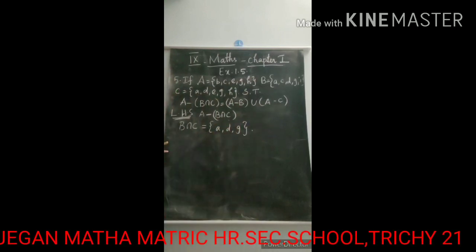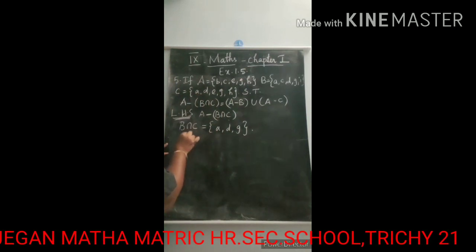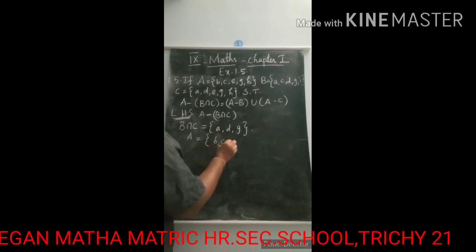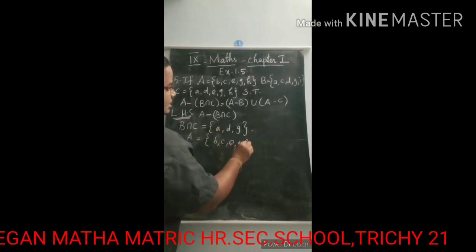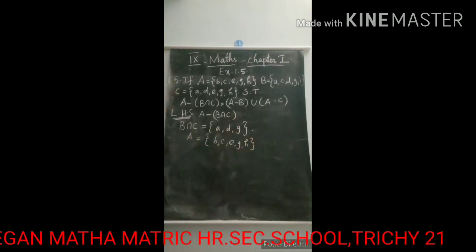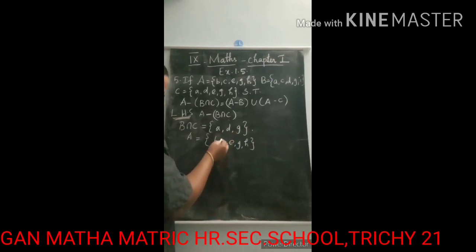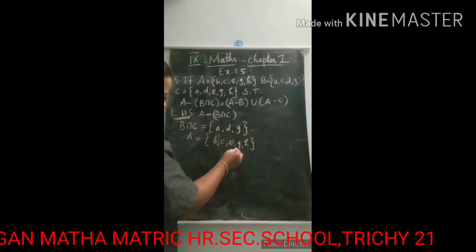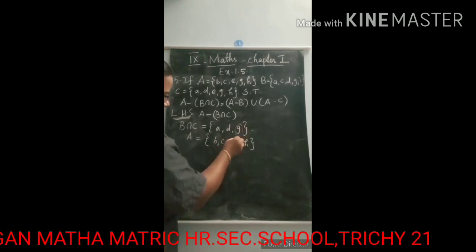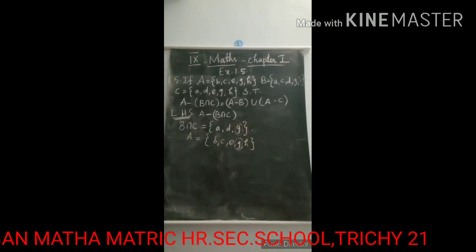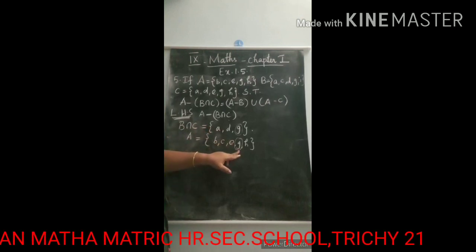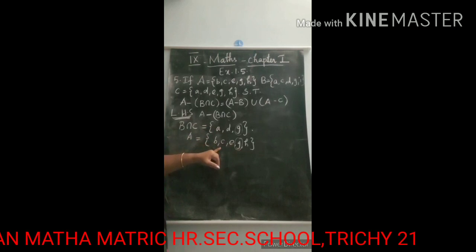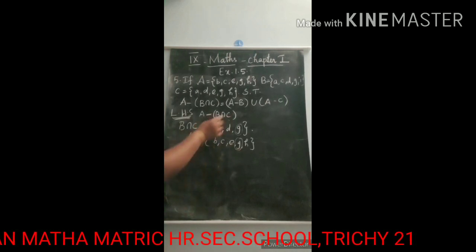Now you have to take A, which is {B, C, E, G, H}. Now we have to take the common element of these two terms. Only G. G is the common term. So except this common term, we have to take the other elements in A. That is A difference (B intersection C).